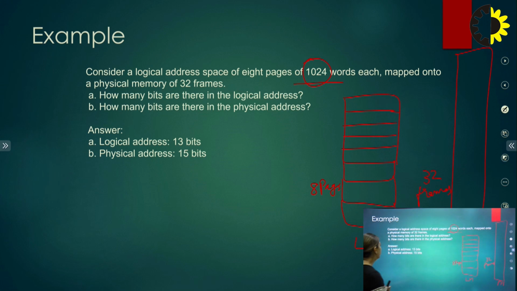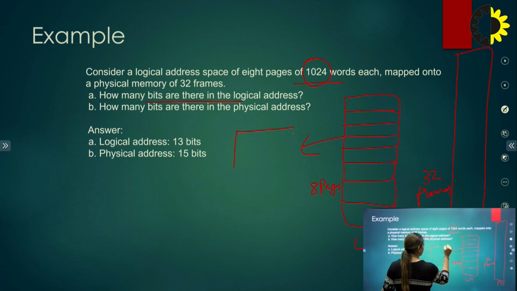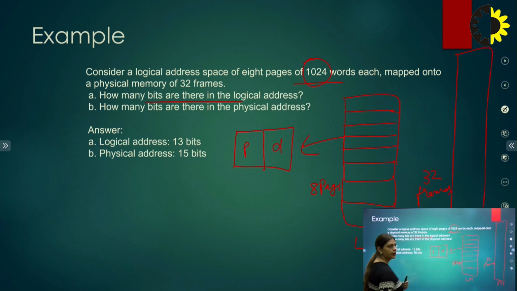right? Now, they are asking how many bits are there in the logical address. For this, we have to generate one address, that is P and D, right? This is the page number. The page number can be told by how many pages you have. This will depend on the number of pages.